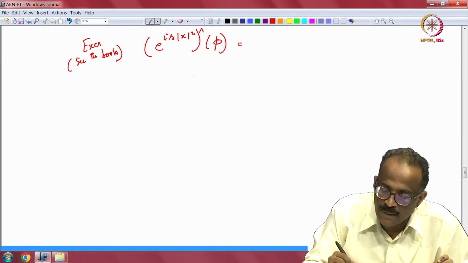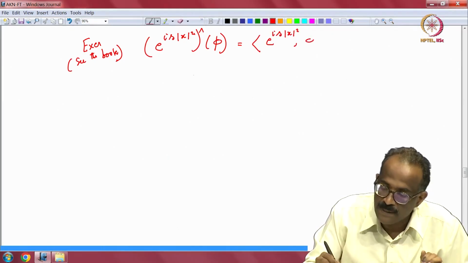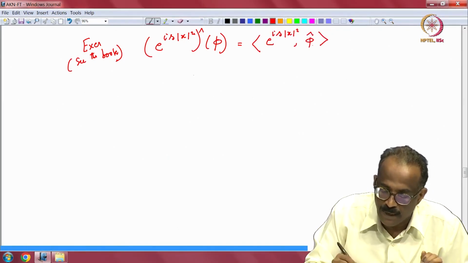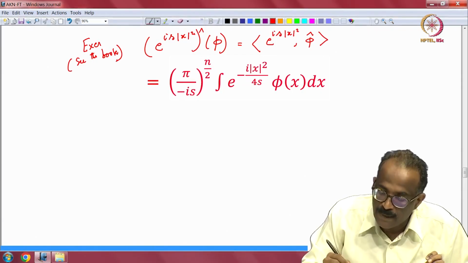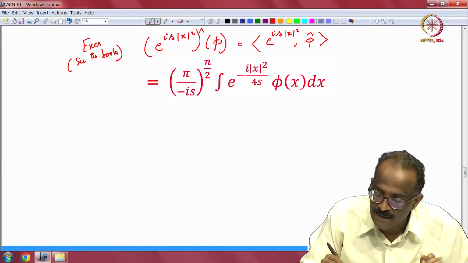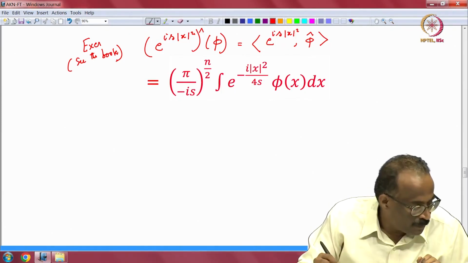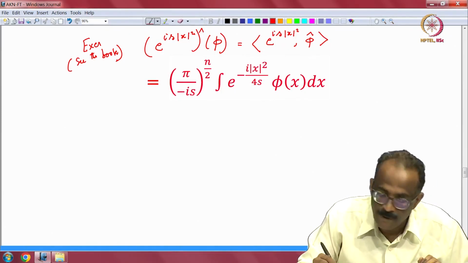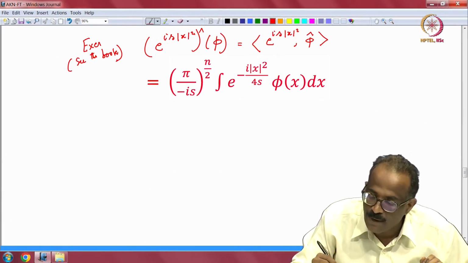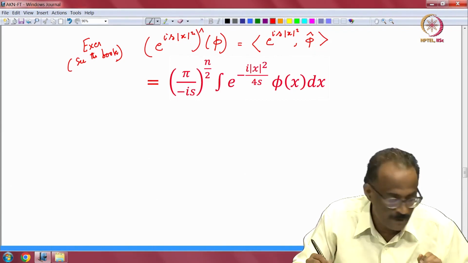So this is of course nothing but e power i s mod x square over phi hat, which you can compute to be, again it depends on my pi by i s, and it is e power minus mod psi square by, there is an i here, I hope everything is correct, mod psi square by 4s.